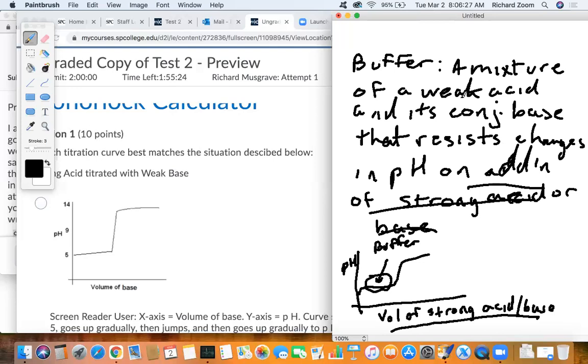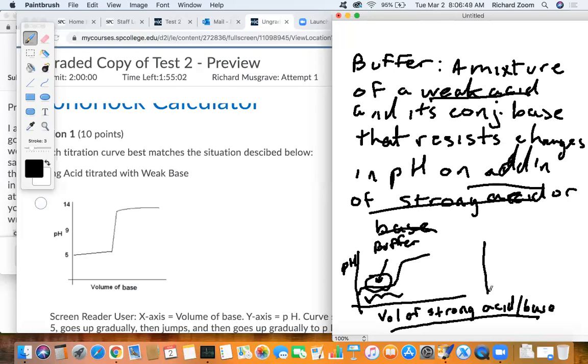So those are the two ingredients you need, Gabrielle. You need to be adding a strong acid or base, and it needs to be a weak acid that's being asked about in the question. In that instance, you'll always have a buffer region, and it will always be at the beginning.